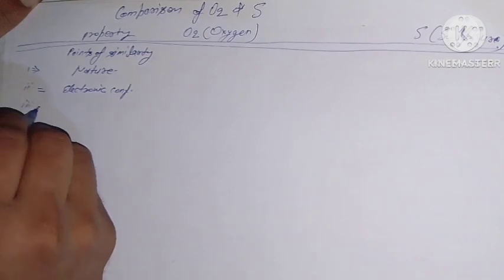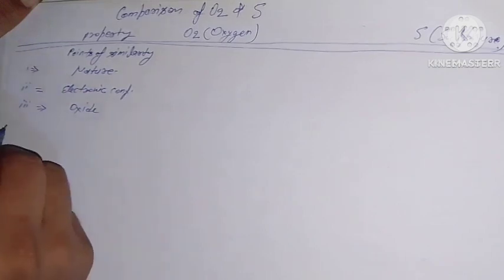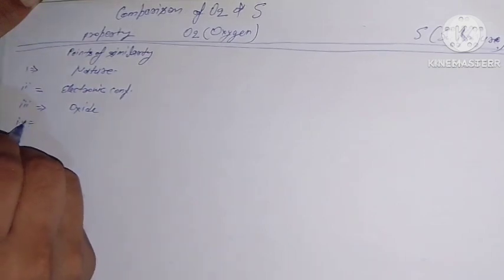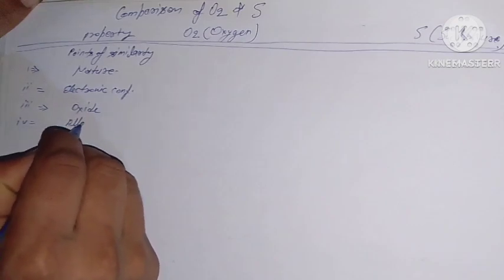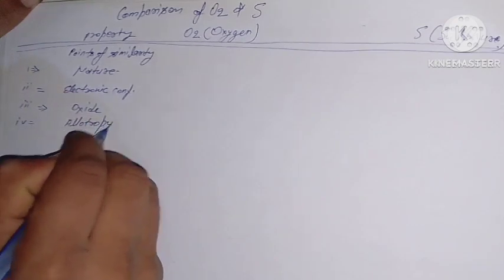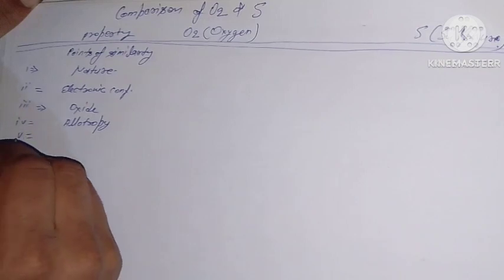Third point, oxide. Fourth point, allotropy. Fifth point, extraction.